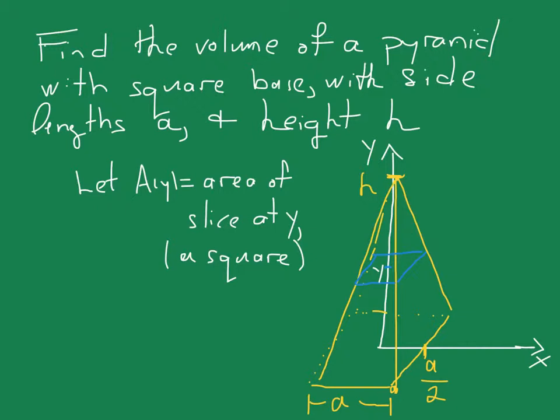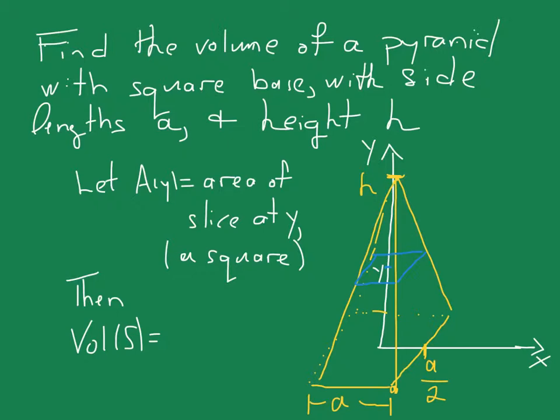Okay, so now we're going to need to find a formula for A(y). But let me first maybe just say why are we doing this. Well, if we have this, then what can we say? The volume of S, as always, what do we do?